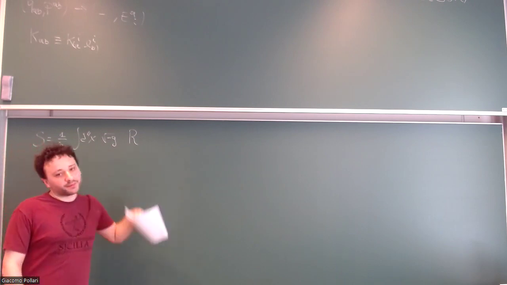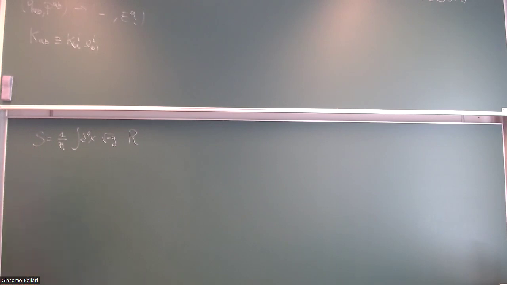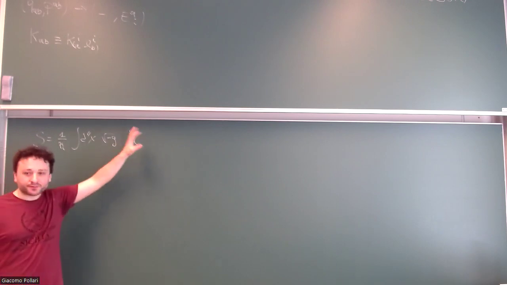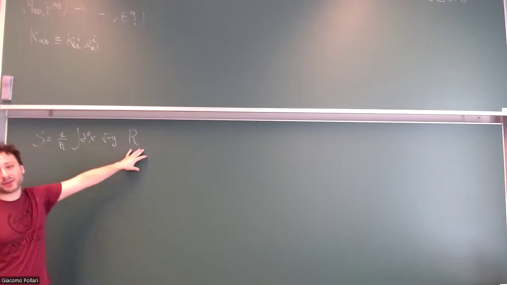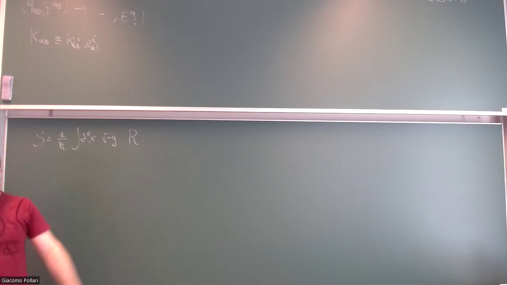But we can also start with the Palatini one, because we know that in the absence of other fields, the Palatini action gives the same Einstein equations that come from the Einstein-Hilbert action. So it's not a problem.